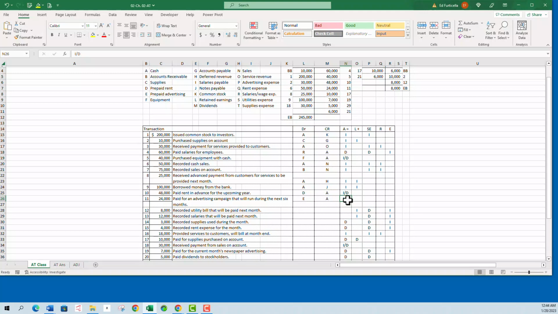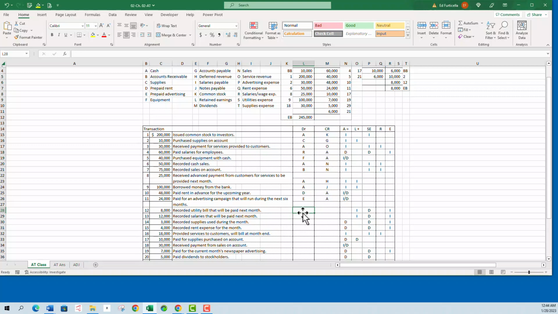Number 12 says we're recording the utility bill that will be paid next month. The two accounts involved in this one are utility expense and accounts payable. Utility expense is an expense, it's increasing. Accounts payable is a liability, and that liability is increasing.